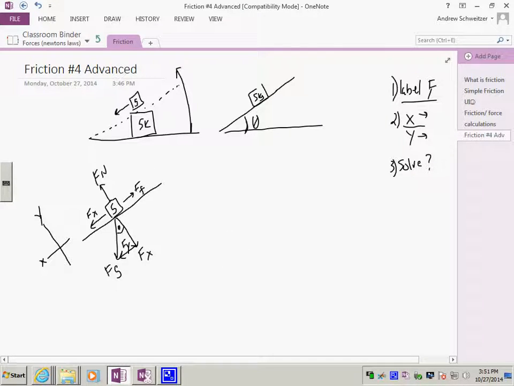Okay, a few things that you might just want to note here. Let's list all variables out. Force of gravity equals mass times acceleration, which, because the mass is 5 kilograms and the acceleration is 9.8, is 49 newtons. So F of G is 49. Let's do a couple of things first.